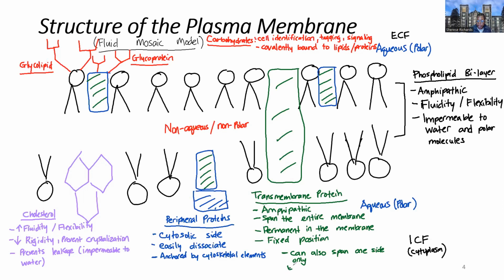So I'm going to put example here. These can be transporters. Okay. The peripheral proteins, these can be receptors, right? So we'll talk about some different examples, but essentially all of these structures come together and are very important in the overall function of the membrane.